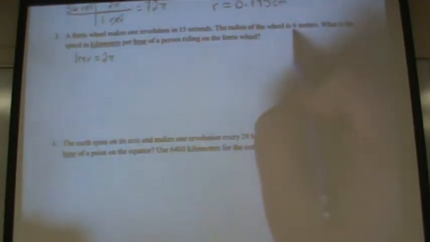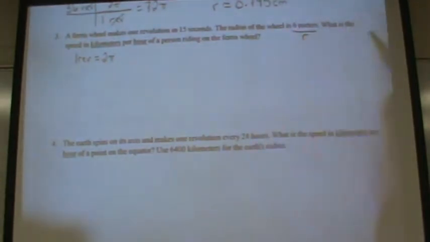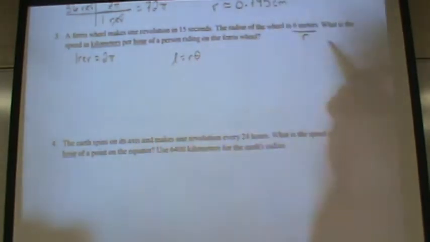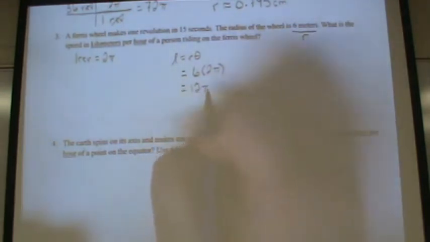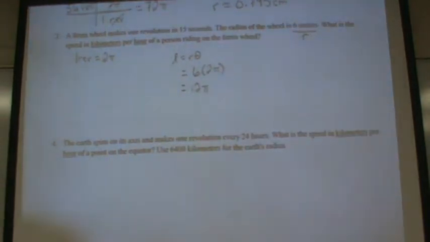It tells us right here that the radius of the wheel is 6 meters, so we have our R. We have to find our L so that we can find the speed. So L equals R theta, which equals 6 times 2 pi. So you get 12 pi as your length.